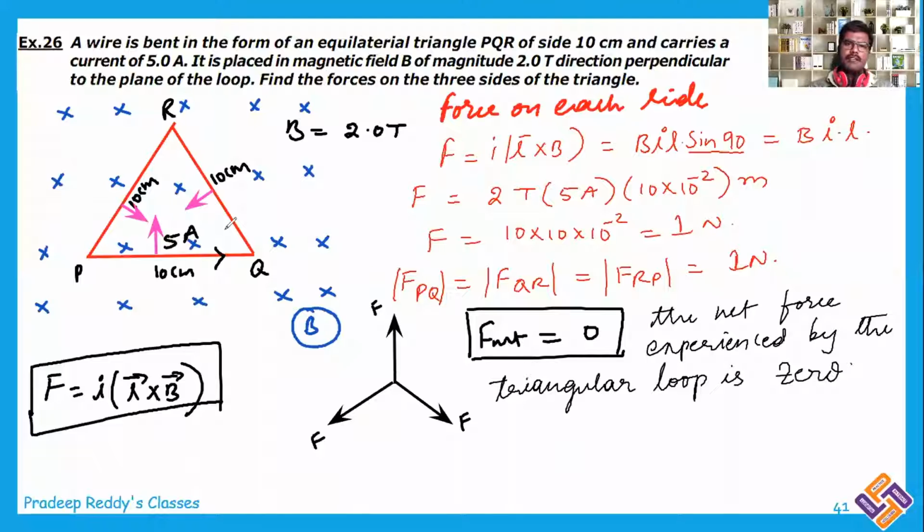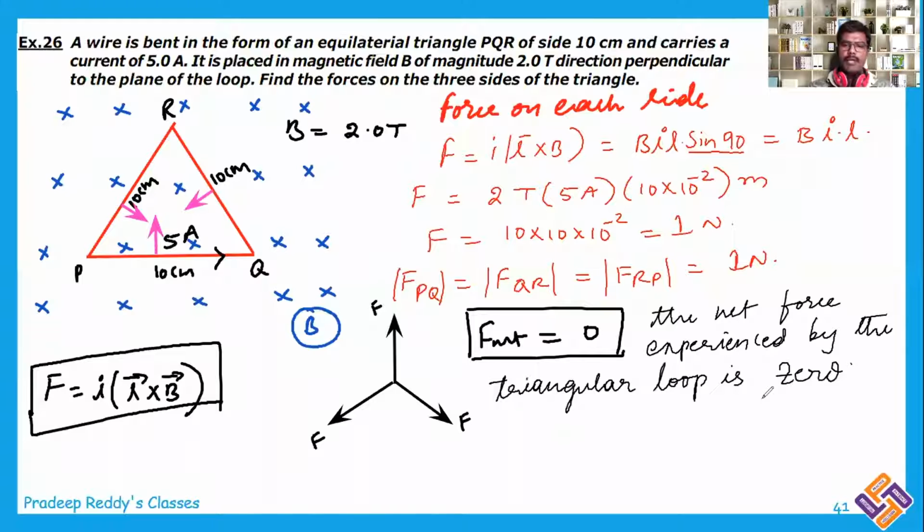Individually, if there is only one segment placed there, there is a net force. But if you are considering this as a triangular loop, because the direction of current changes in each side, the net force acting on the loop will be 0.